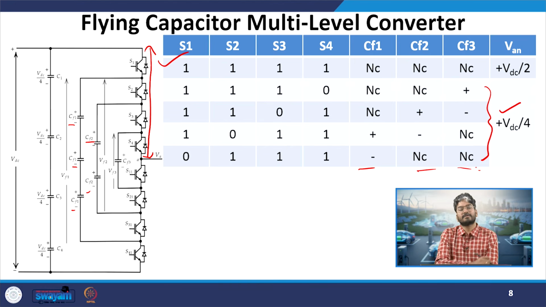So what is the importance of this redundant state? Suppose all this charging and discharging are marked by considering positive current. When there is negative current, the exact opposite things will be happening over here. So this table is entirely for positive current. When I mark positive, what is the meaning of that? The current is entering the positive terminal of the capacitor, or it is getting charged.